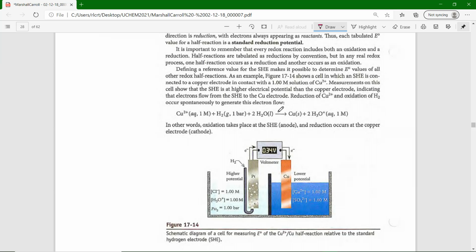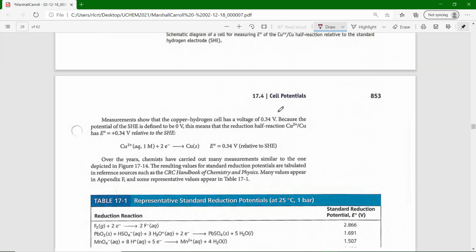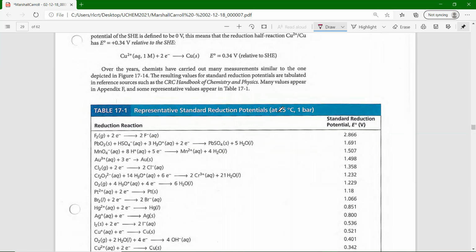So what we're doing on these pages is just showing how table 17.1 has been constructed. So you make one where you make an assumption or two, and then everything builds on top of that. Oh yeah, many values appear in Appendix F.